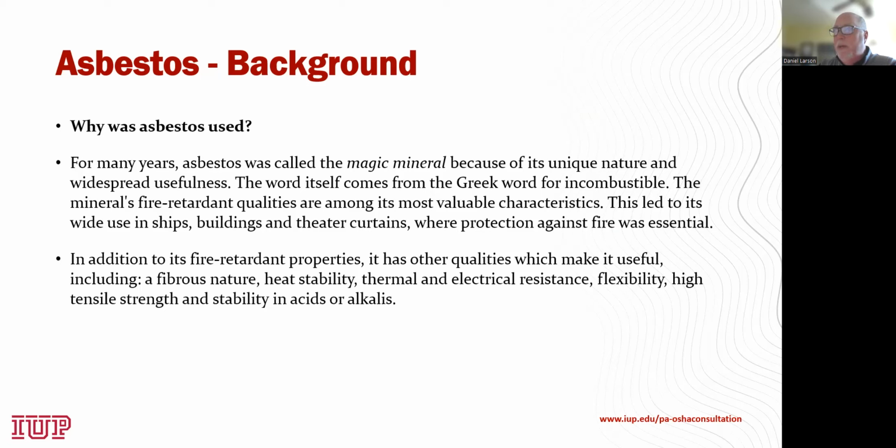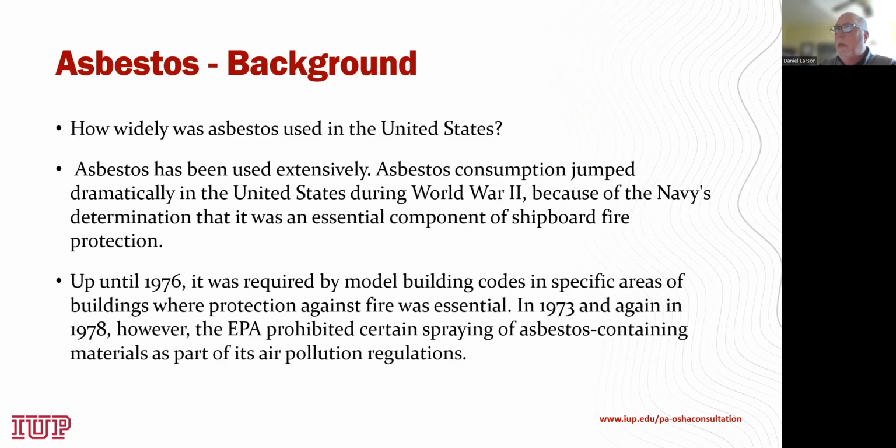It was widely used in ships, buildings, theater curtains, and really anywhere fire protection was essential. In addition to having fire retardant properties, it has other unique qualities that make it useful, including its fibrous nature, heat stability, thermal and electrical resistance. So it really was found to be a very useful material.